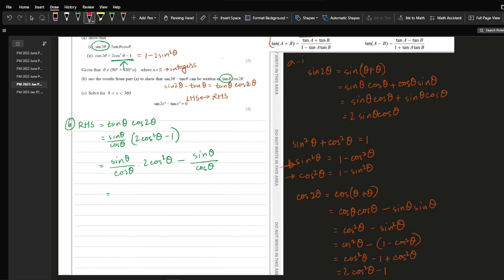Now this cos theta and this cos square theta cancel out, so we are only left with cos theta. So sine theta cos theta, and then 2 here minus this becomes tan theta. So this part right here is nothing but sine 2 theta. Sine 2 theta minus tan theta.